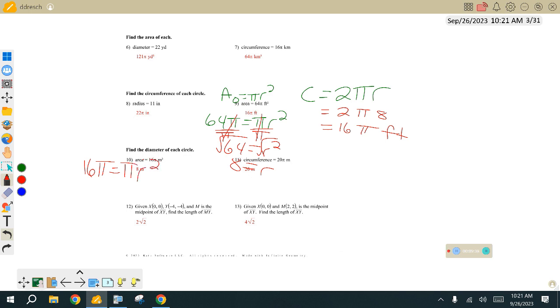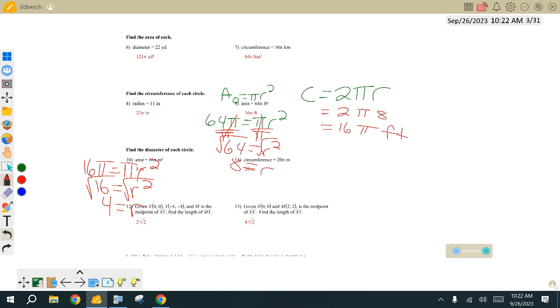So we got to go backwards, and what that's going to take us to is the radius. Divide by pi. What squared gives you 16? 4 does. Now that answer is not 4, because the radius is 4. But what do we need? We want the diameter. So the radius is 4, the diameter is then 8. Double it out. Okay.